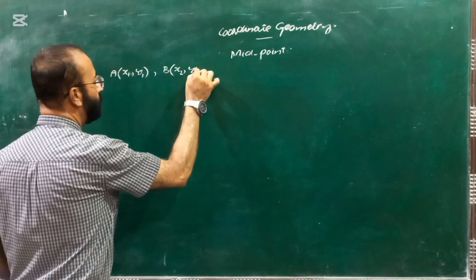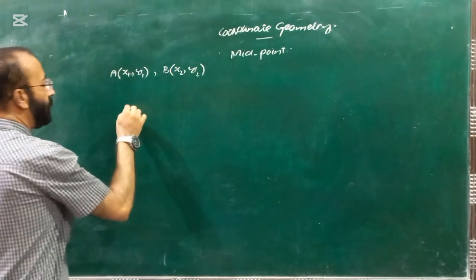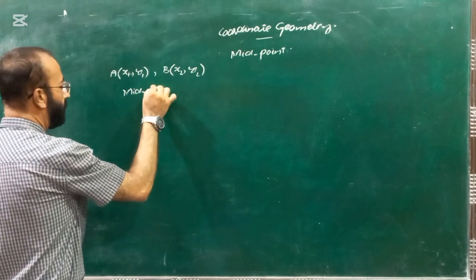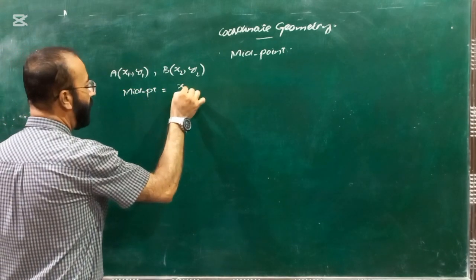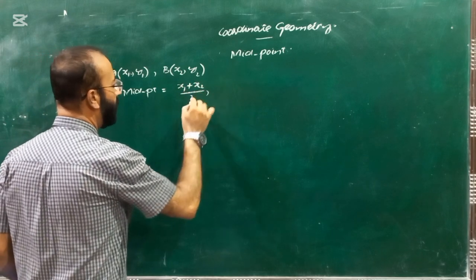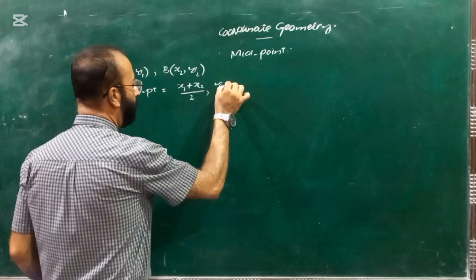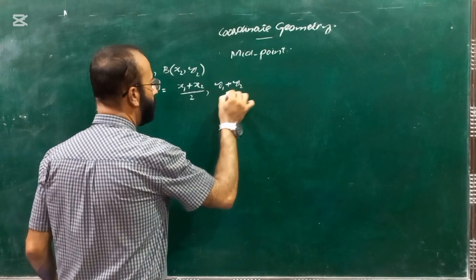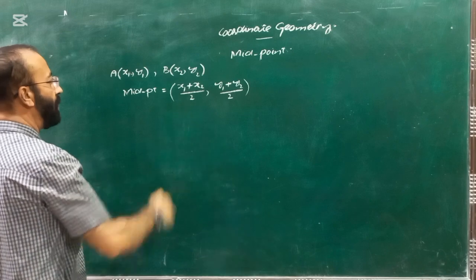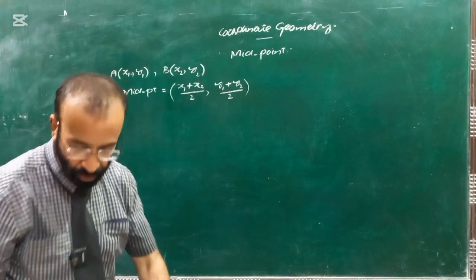The midpoint of these 2 points, the formula is x1 plus x2 divided by 2, y1 plus y2 divided by 2. So this is the formula for finding the midpoint of these 2 points.